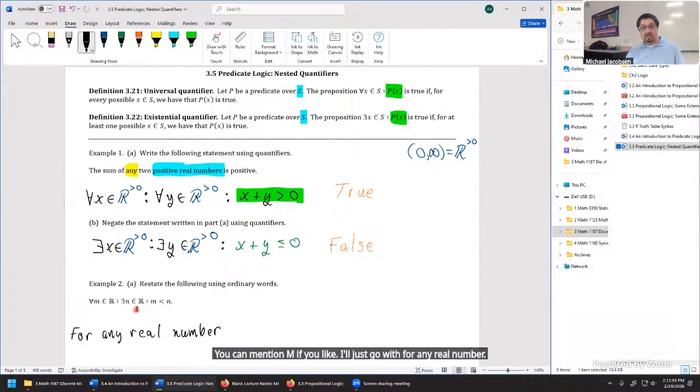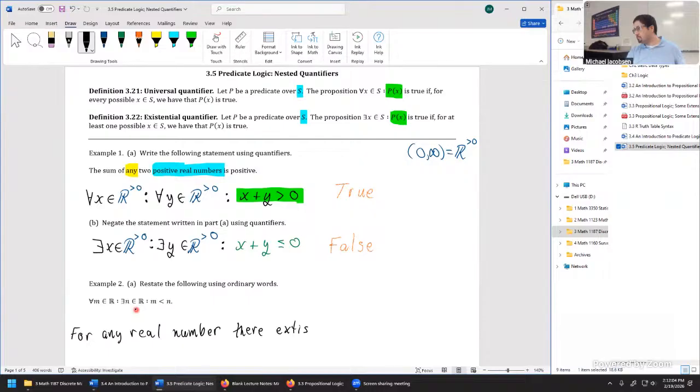There exists another real number that's larger than the first.